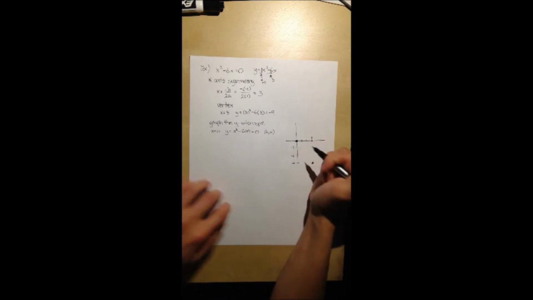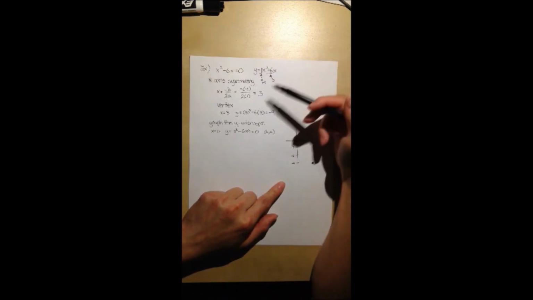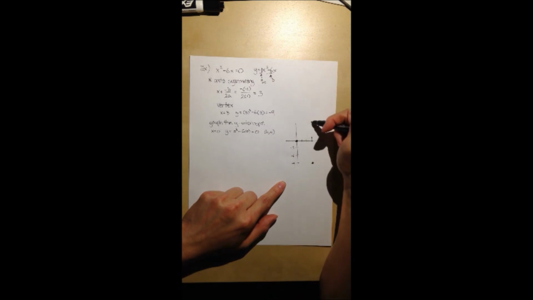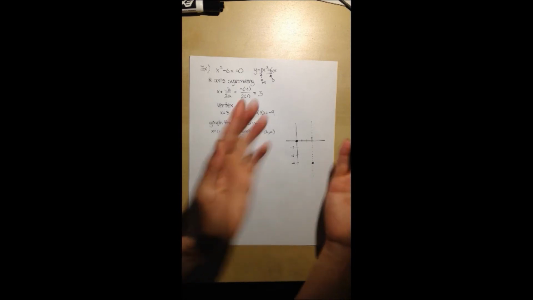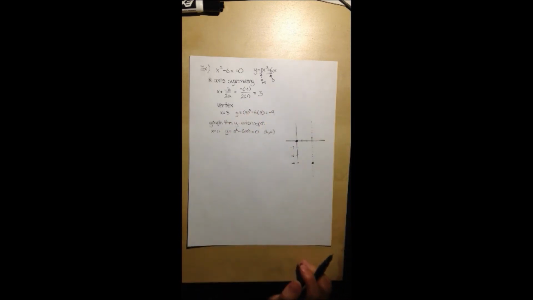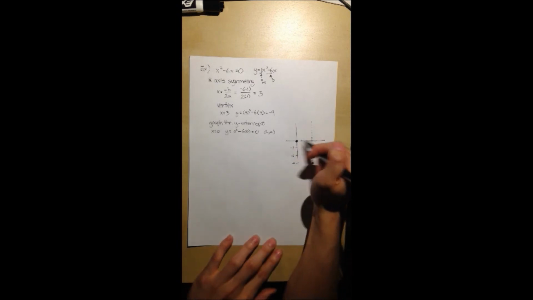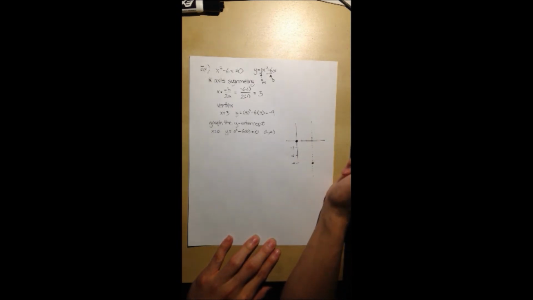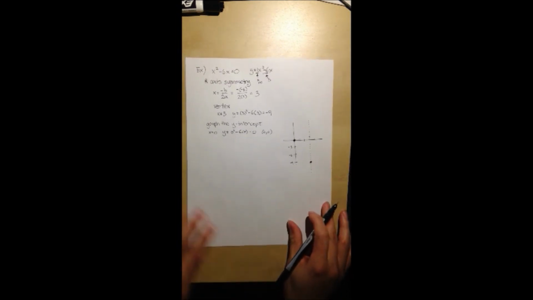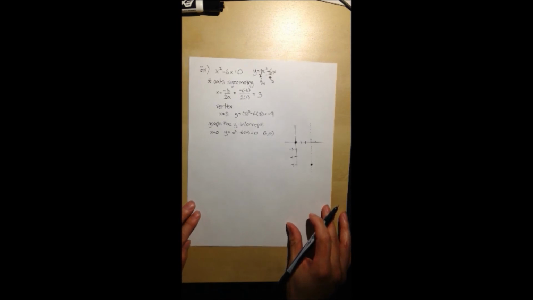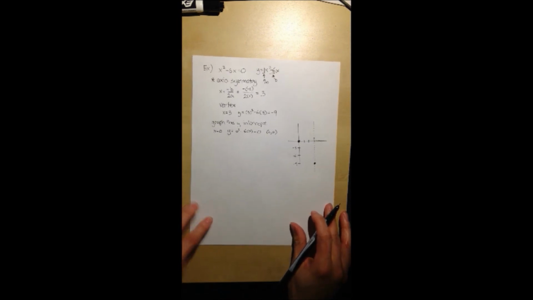Now remember, when we said the axis of symmetry up here, that means there's an invisible line that cuts down this point. So if we fold this paper in half, there should be another point that's exactly the same on this side. So this is where you have to decide for yourself how to approach this problem.